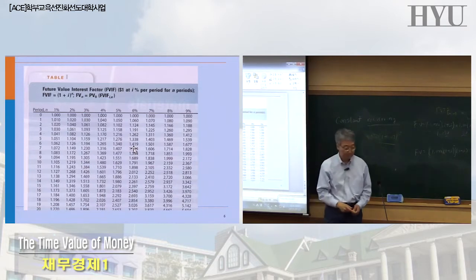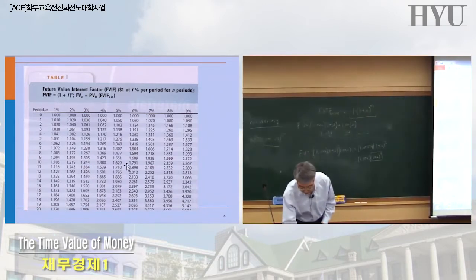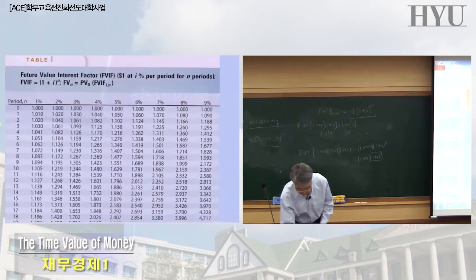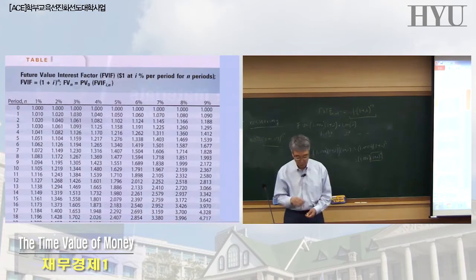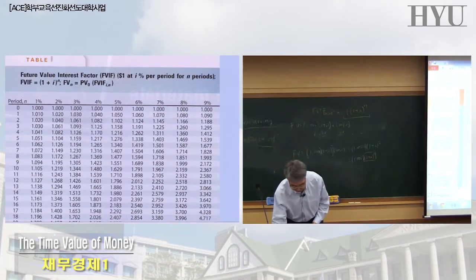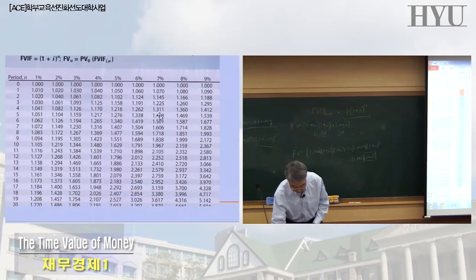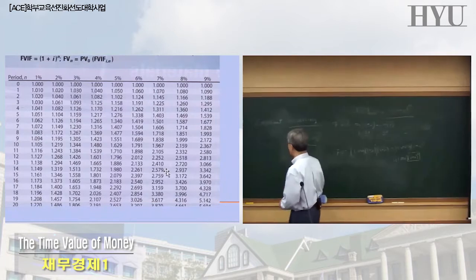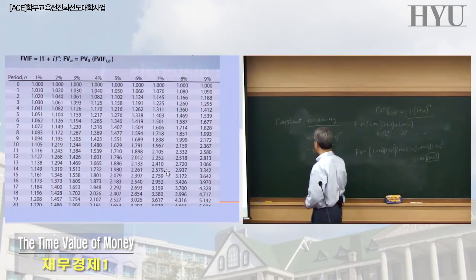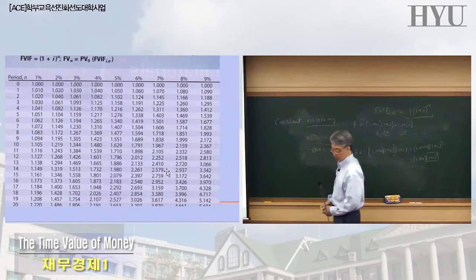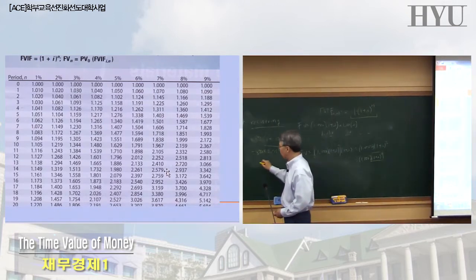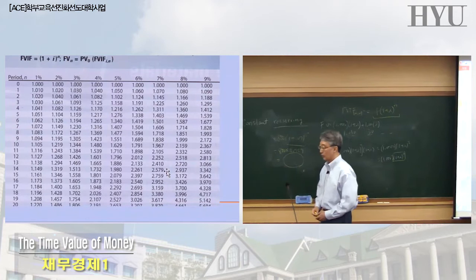For 7% and 15 years, it's 2.759, right? So you multiply 800 by 2.759.